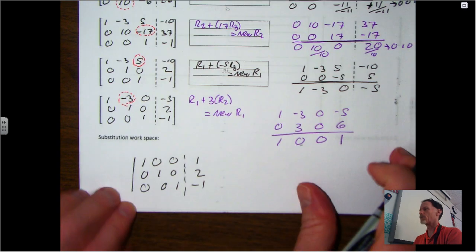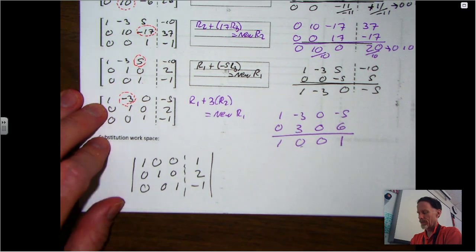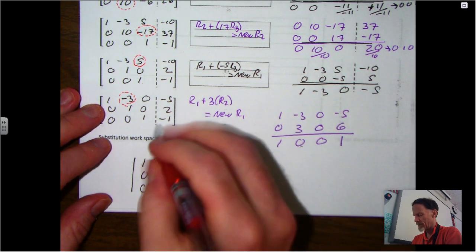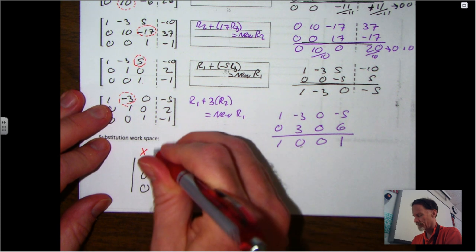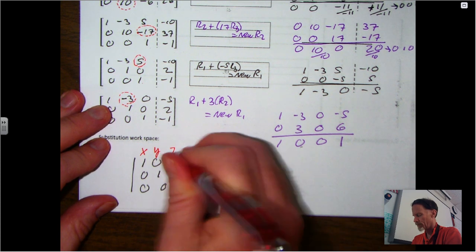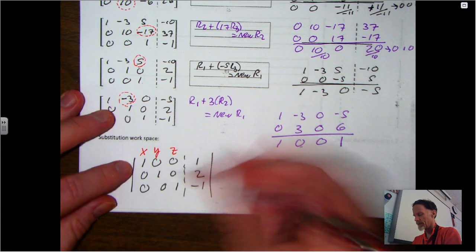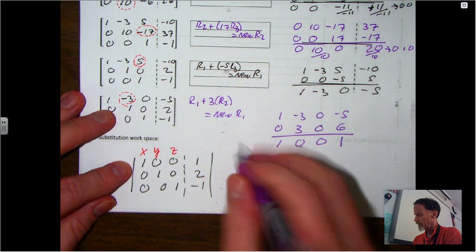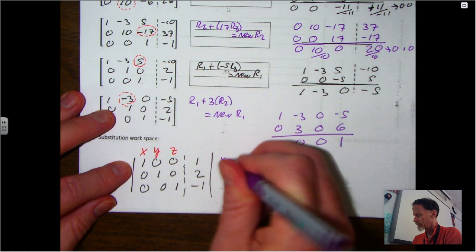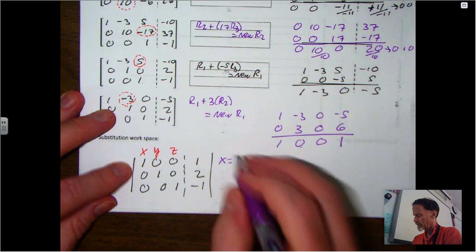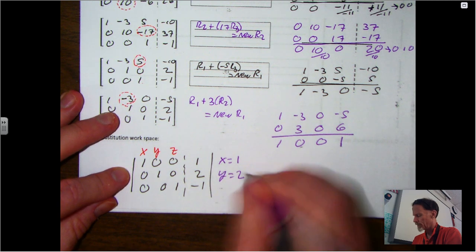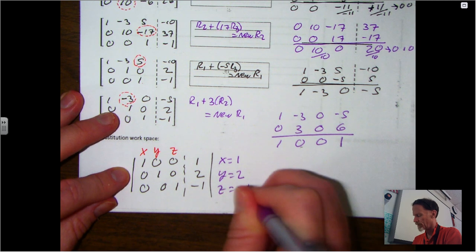And remember what that means, folks. When we do these things, my first column is X, my second column is Y, my third column is Z. So this tells us that X equals 1, Y equals 2, Z equals negative 1.